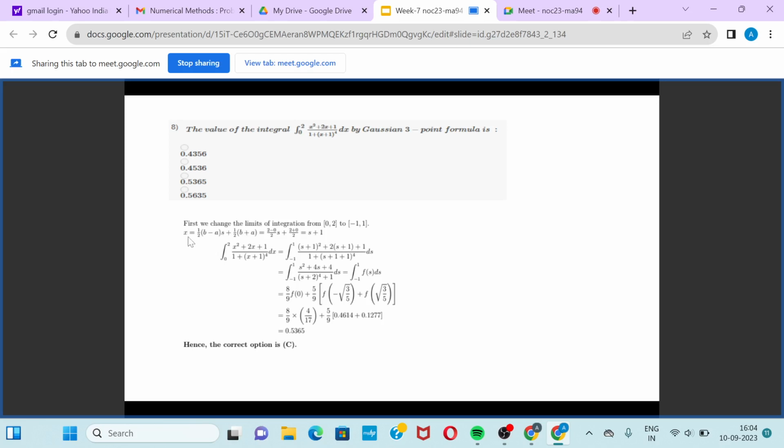When you differentiate, dx equals ds, so in place of dx we will write ds. Simplify it. Are you getting (s square plus 4s plus 4) upon ((s plus 2) whole to the power 4 plus 1) ds? Simplify this term and you'll get this.